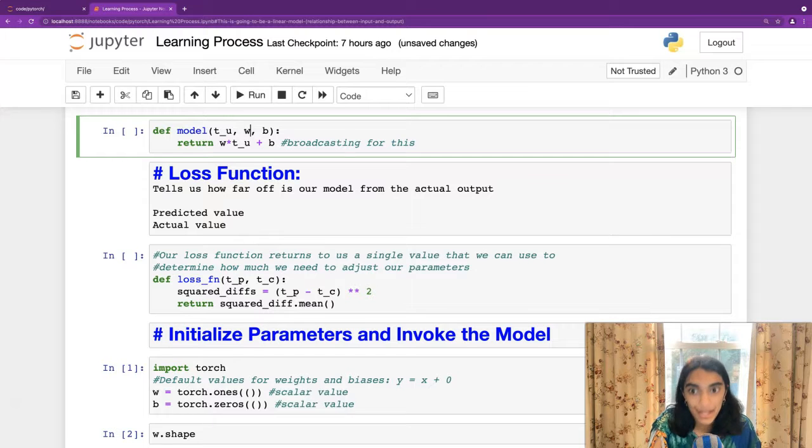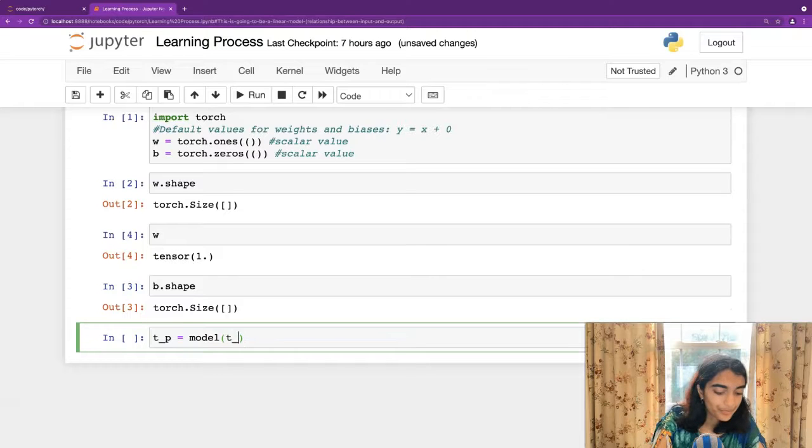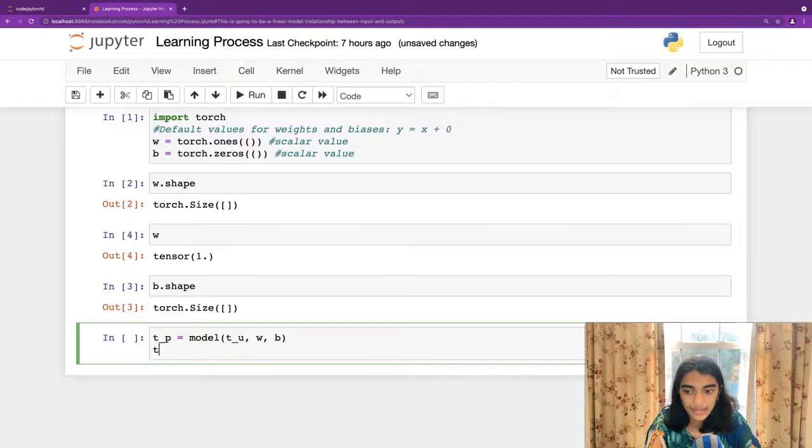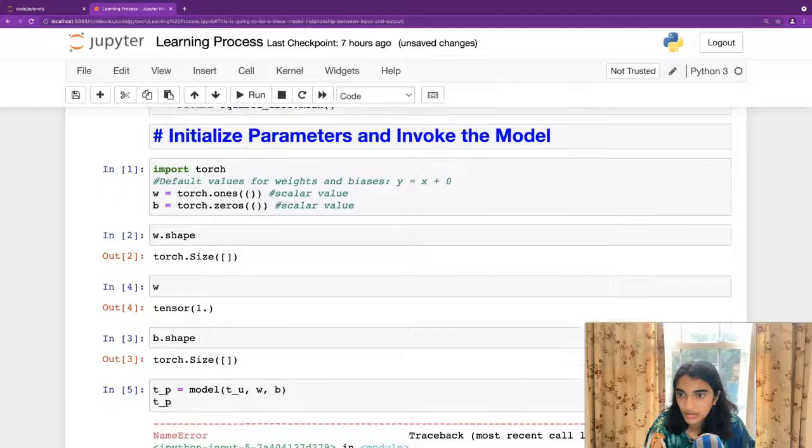So instead of writing weight and bias and unknown temp, let's just keep it as is. Let's say TU, and W and B, and let's say TP. Let's print it out and see what we get.